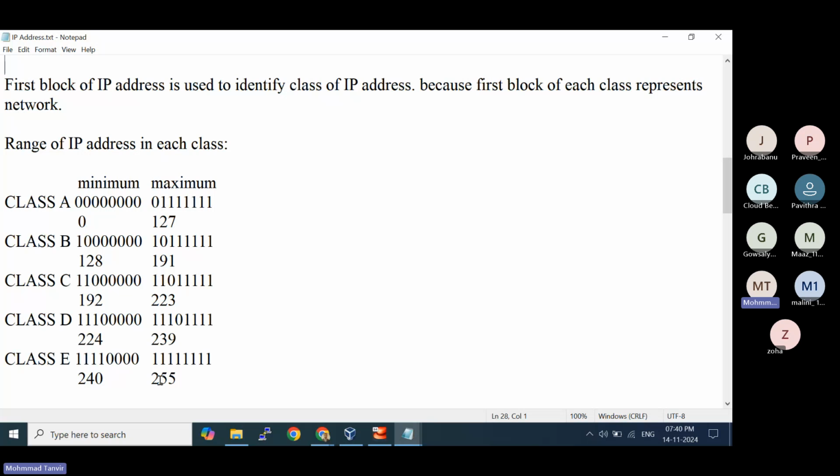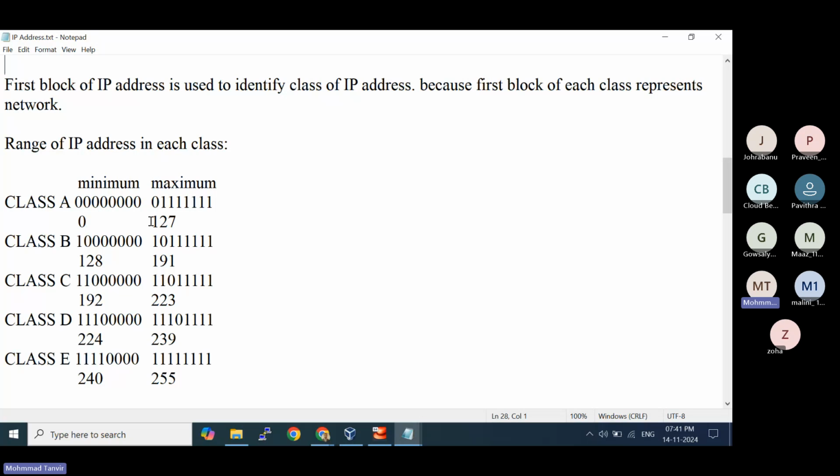So for this division, the rule is that for class A, the first bit must be 0. You can see the first bit is 0 in the minimum and also in the maximum. The rest are all 1s, so when we convert into decimal it becomes 0 to 127. Similarly, for class B the second bit must be 0, class C the third bit must be 0, class D the fourth bit must be 0, and class E, as it is the last class, has all bits 1.